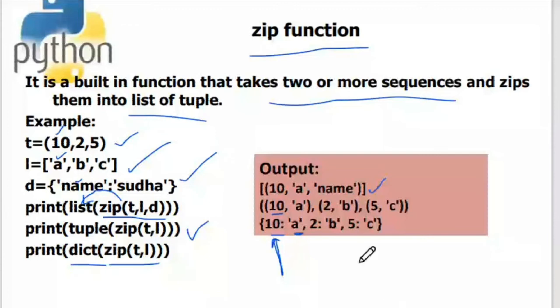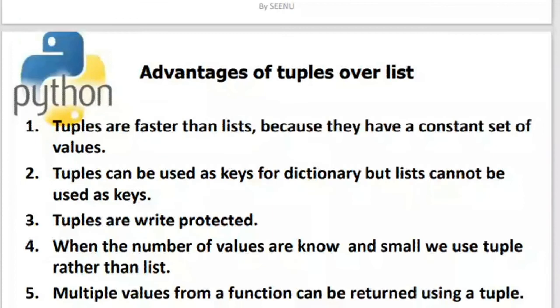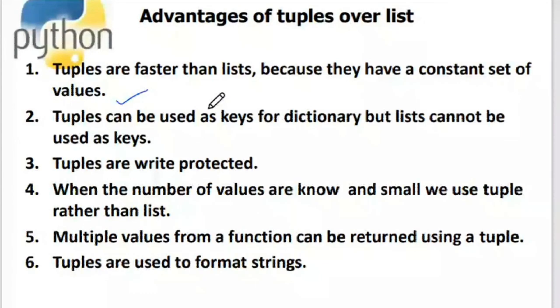Now we'll go through the advantages of tuples over lists. So look into the first difference. We are looking into the advantages, and this is very, very important for your placements. Tuples are faster than lists. So why are they faster? They are faster because they are static lists. You cannot make changes because tuples are immutable.